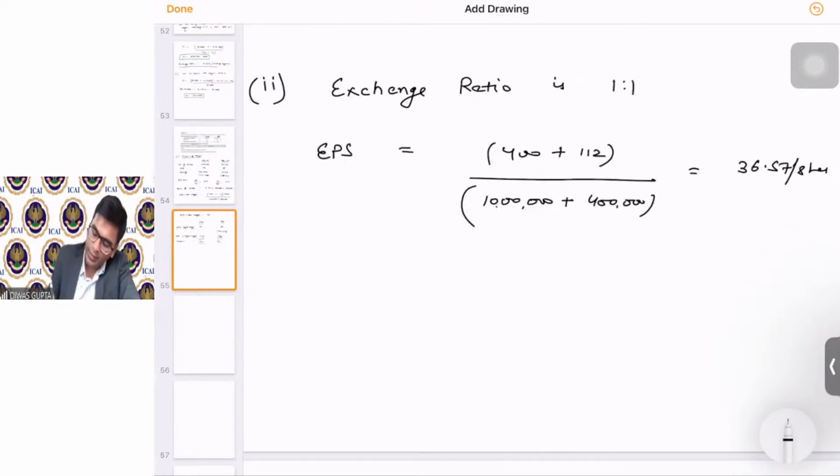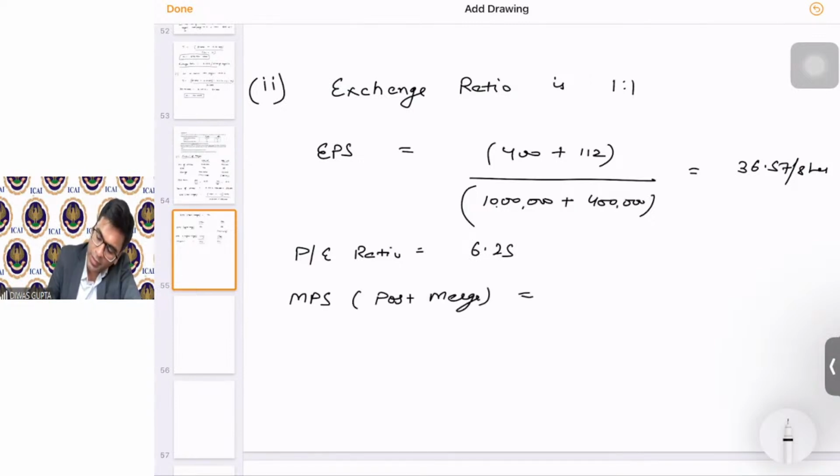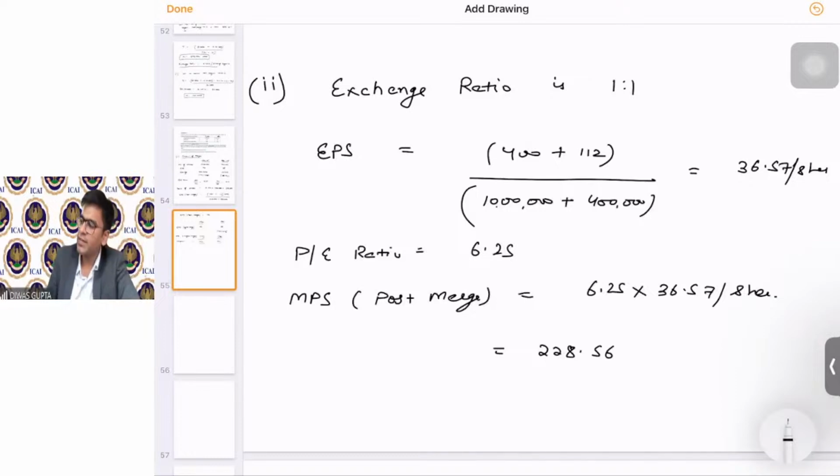Now, the PE ratio remains unchanged, 6.25. So MPS post merger becomes 6.25 multiplied by 36.57 per share, which becomes 228.56. This becomes MPS, market price per share.